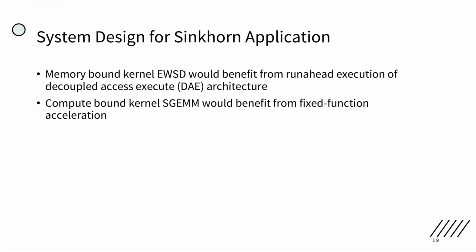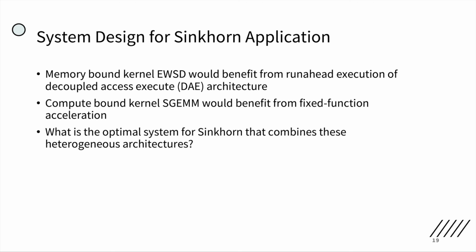In designing a system for this multi-phase application, we start by focusing on what is ideal for each phase. The memory-bound kernel would benefit from techniques such as run-ahead execution, which can be achieved by using the well-known decoupled access execute architecture. The compute-bound kernel, on the other hand, would benefit from fixed function acceleration.